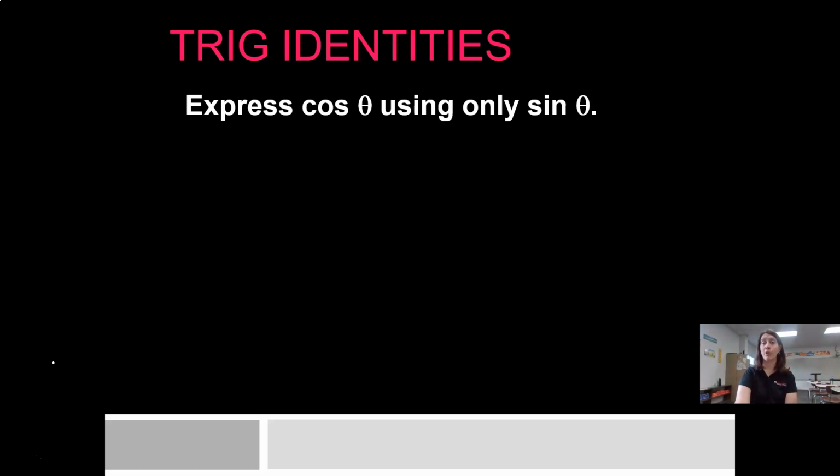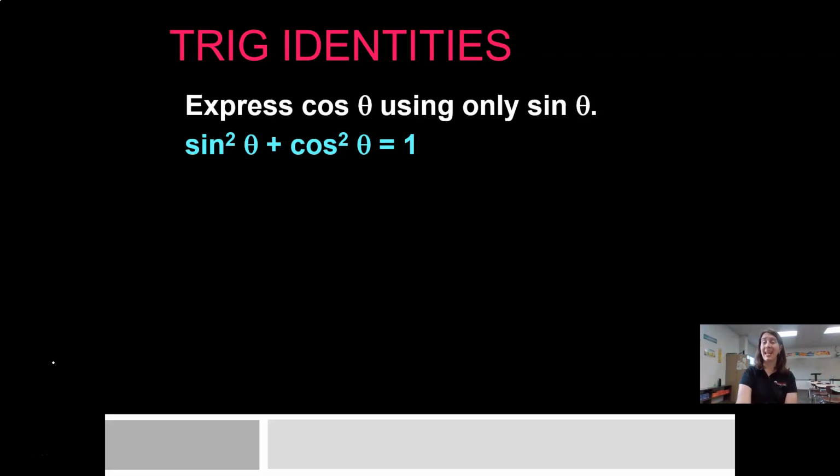Since this question involves sines and cosines, which one of our two basic trig ratios should we start with? The one that only involves sine and cosine, which is our sine squared theta plus cosine squared theta equals 1. So what again did it mean to express cosine? That means I'm trying to solve for cosine in the question.